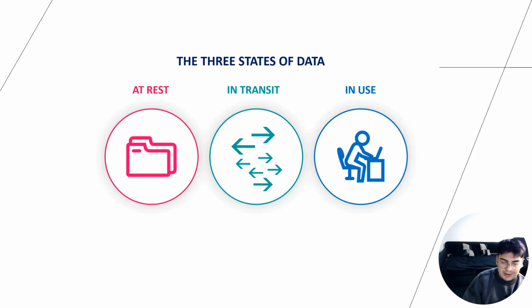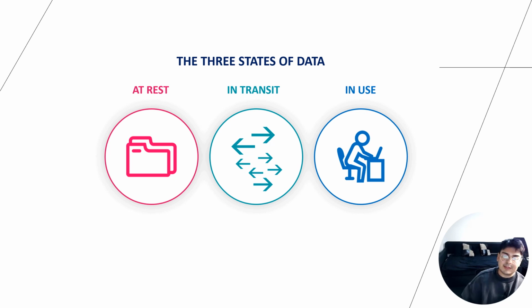And just a quick recap. These are the three stages of data: at rest, in transit, and in use. At rest, it's being stored somewhere like a cloud or a computer, and we have to encrypt that data using BitLocker or FileVault. When it's in transit, we also encrypt it using HTTPS or VPNs, but this is when it's being transported from one place to another.